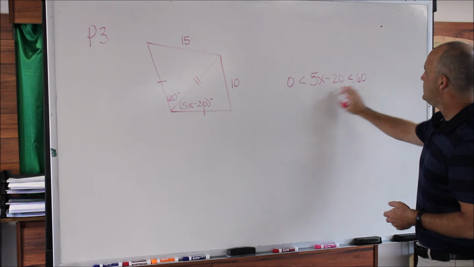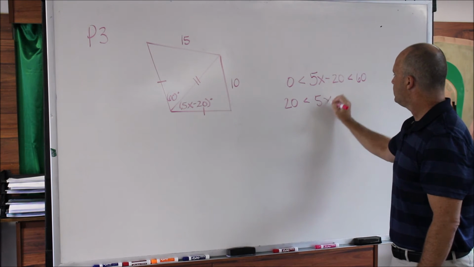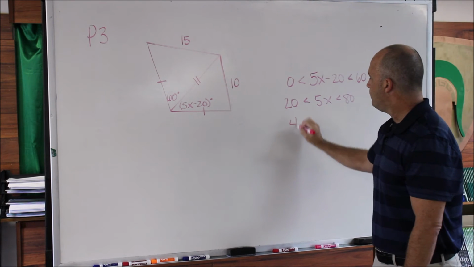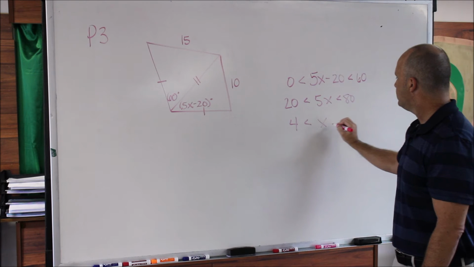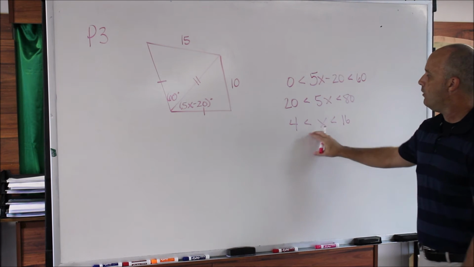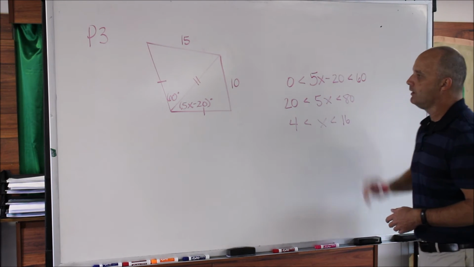We're going to add 20 to every section, so we get 20 is less than 5x is less than 80. Now divide out this 5. So you get 4 is less than x is less than 16. So we know that our possible values of x have to lie somewhere between 4 and 16.